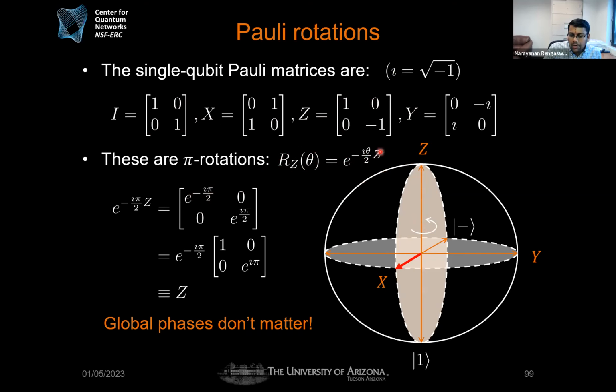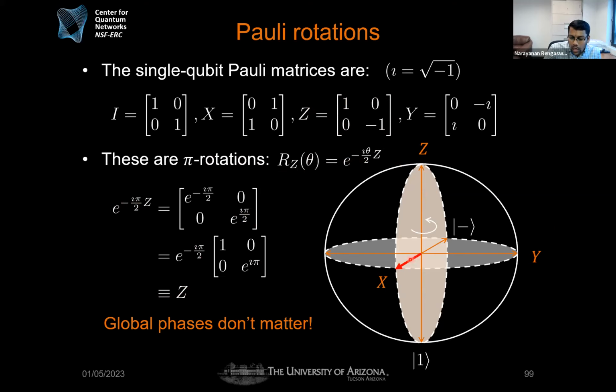Once you have the diagonalization of the matrix, here Z is automatically diagonal, if you exponentiate Z, this is what you get. Up to a global phase, this is equivalent to the Pauli Z matrix when you take theta equals pi. So this is why the Pauli Z operation is a pi rotation about the Z axis.